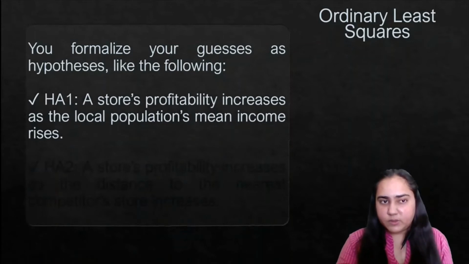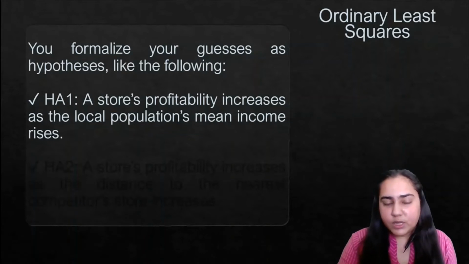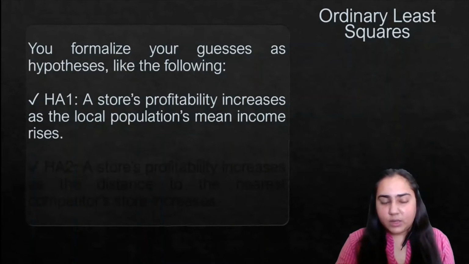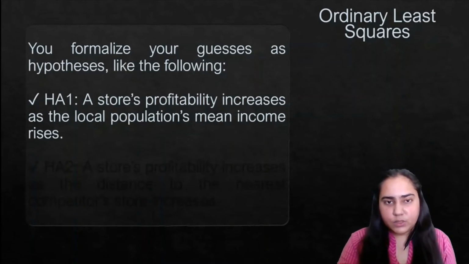So first, hypothesis one is that a store's profitability increases as the local population's mean income rises. This is the one thing that you are assuming and you want to prove or disprove. That is, if the average income of the people around your store is more, then the profitability of the store is also going to be more.